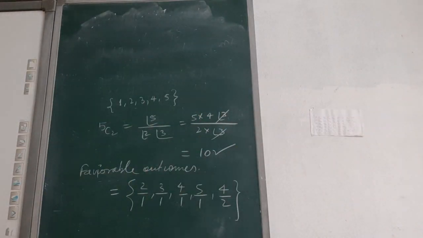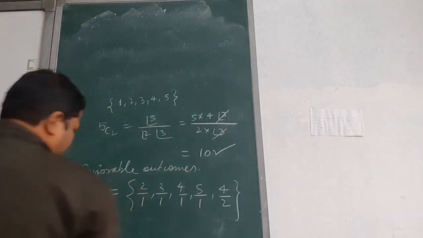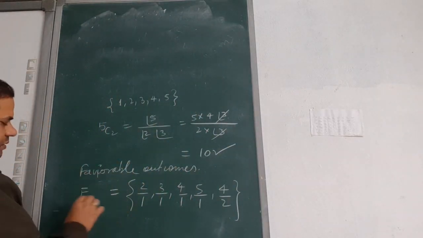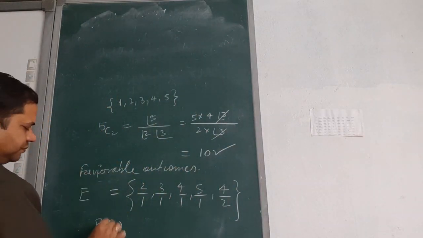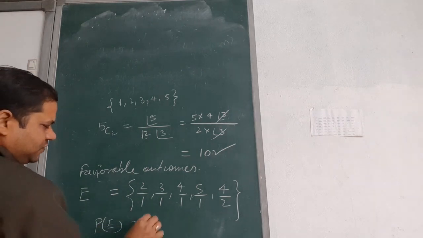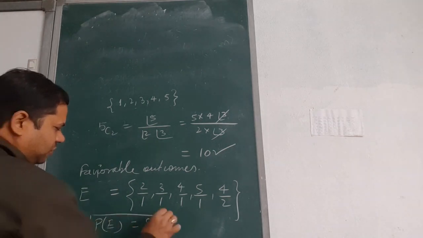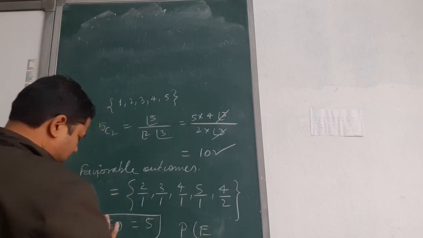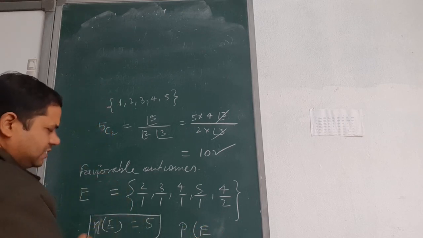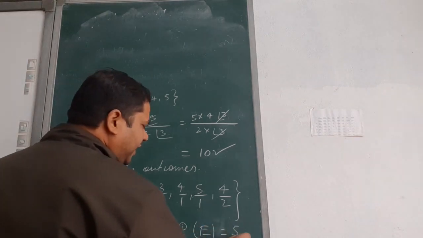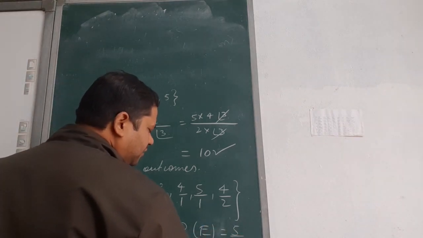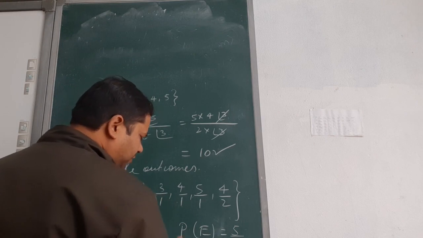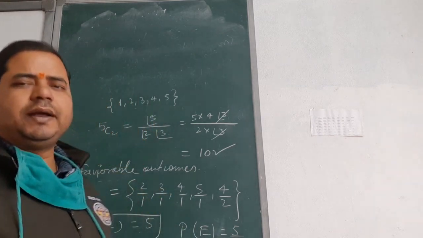Because A does not equal B. So how many elements are in this event? That means 5 elements. So the probability of that event is 5 by 10, that is 1 by 2.